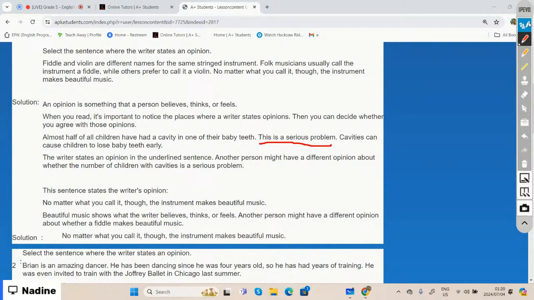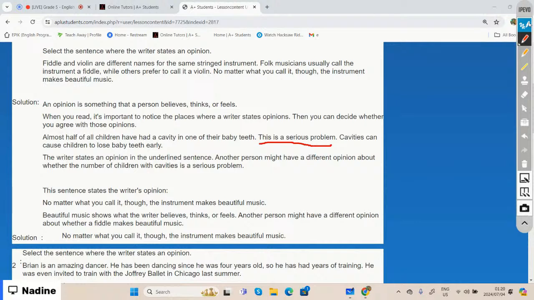And if your opinion is different, if you maybe think that no, this is not a serious problem, cavities can be avoided by doing X, Y, and Z, or if you have a different opinion about whether the number of children with cavities is a serious problem, then these are the things that you can state.